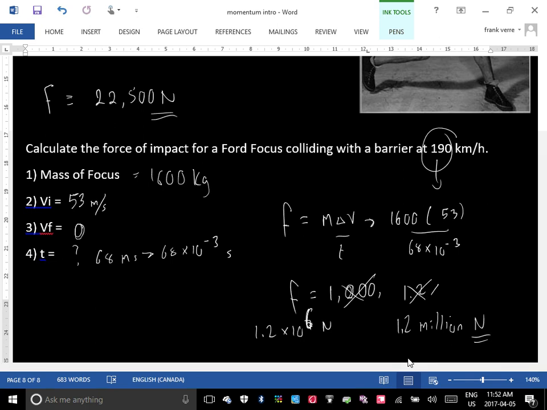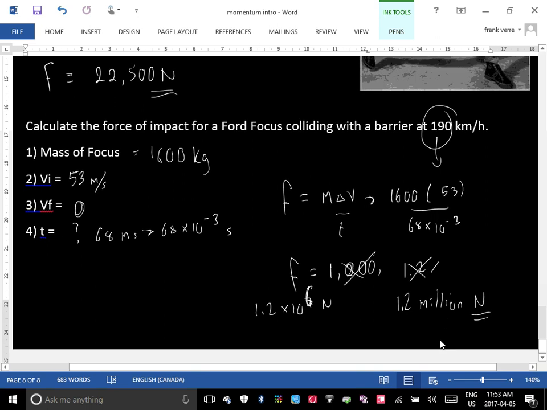If we compare this to the weight of an elephant, right? How much does an elephant weigh? I mean, let's have some context here. Okay, 1.2 million newtons. All right, so what's the mass of an elephant? Is it 2,000 kilograms?